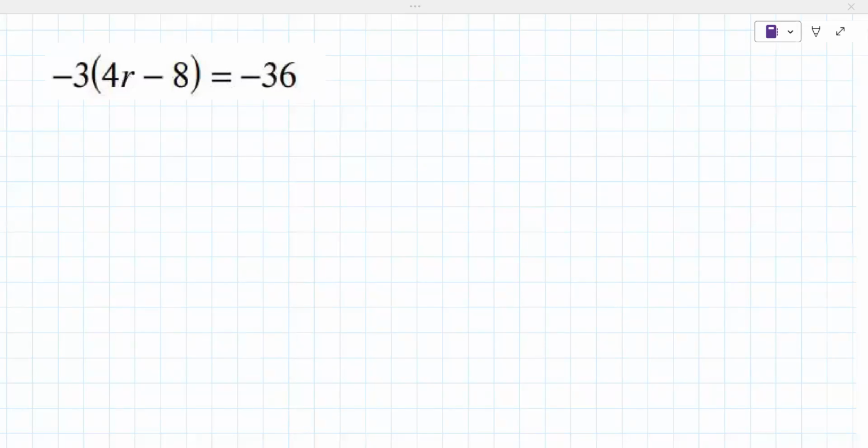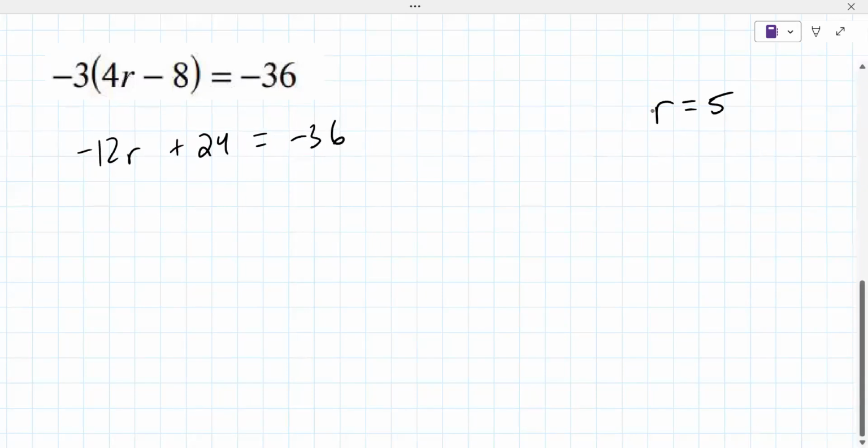Let's take a look. All right, so first thing is to multiply in here. So it's minus 12R plus 24 equals minus 36. Is that what you have?